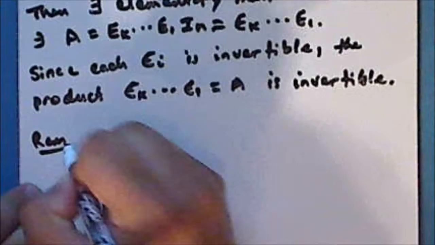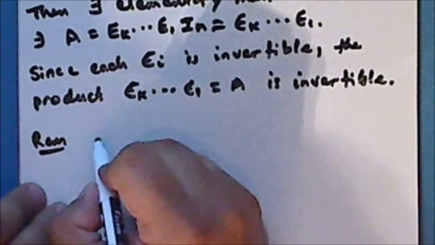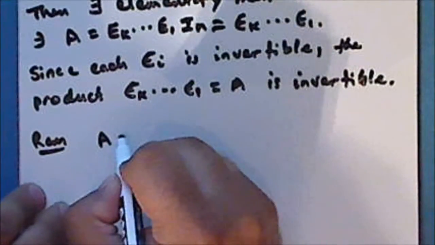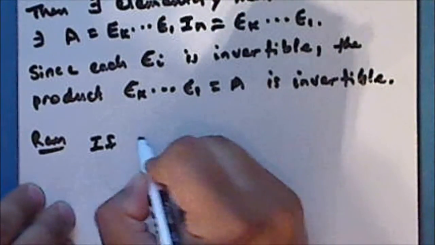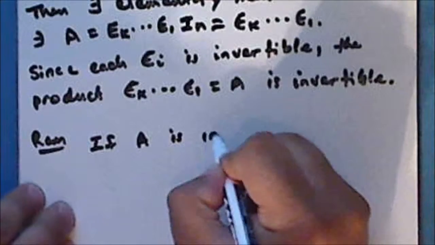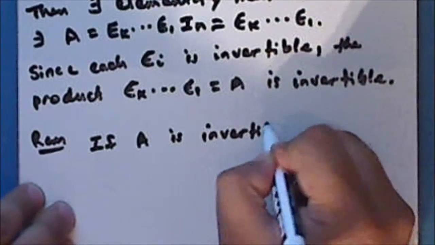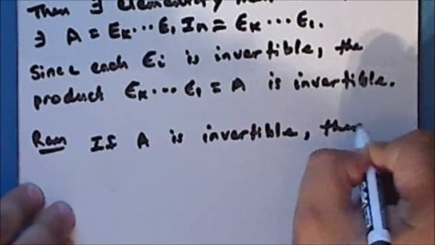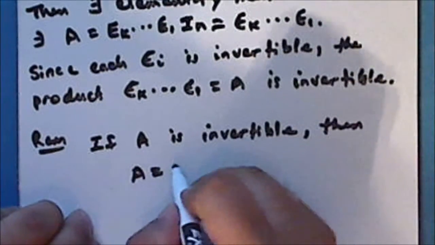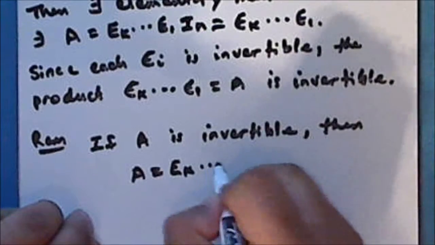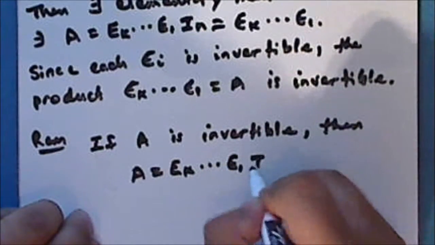So notice that by the previous theorem, if the matrix A is invertible, then the matrix A is equal to the product of elementary matrices with the identity.